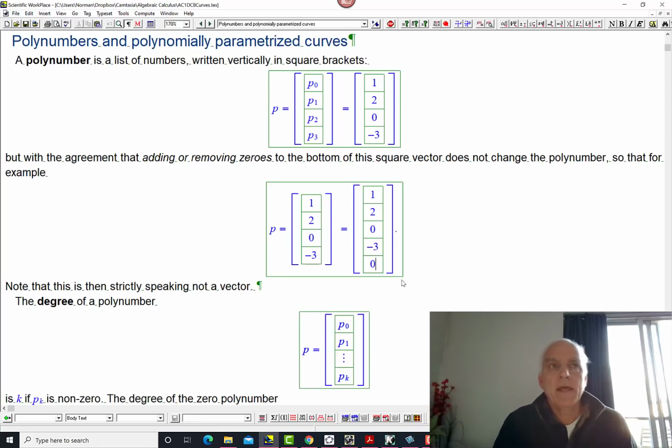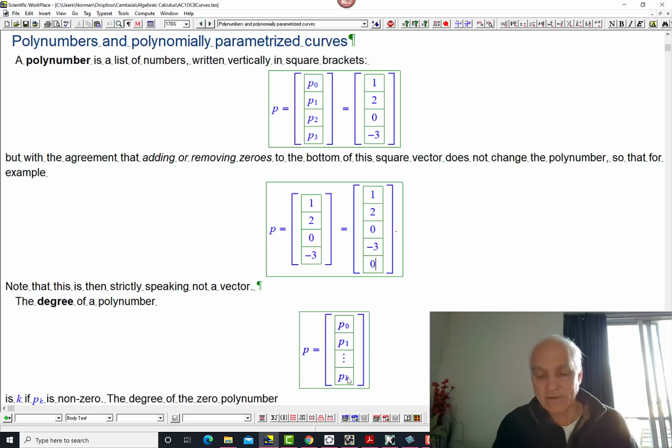Okay, so this is not exactly a vector. I don't want you to think about these things as exactly vectors. They are a little bit like vectors, but they have this sort of extendable aspect. Now, the degree of a polynumber, in general, with coefficients P0 to Pk, is k if this last entry is non-zero.